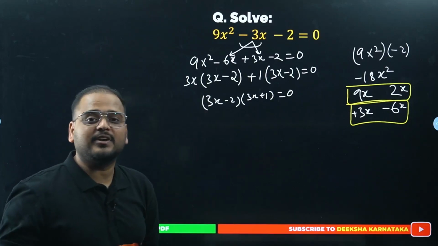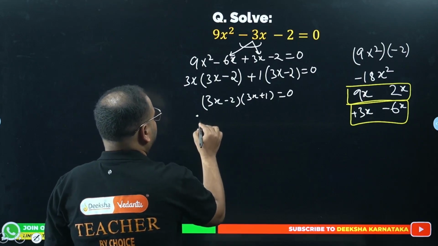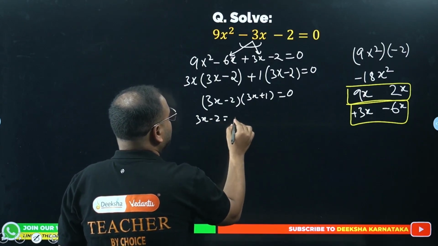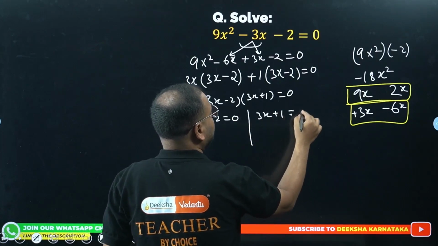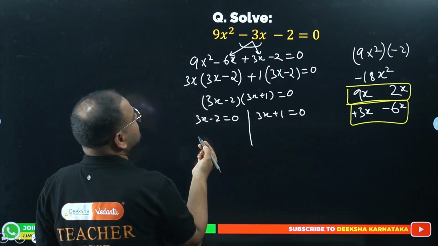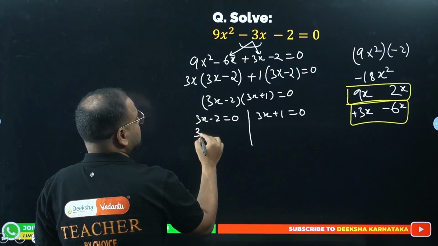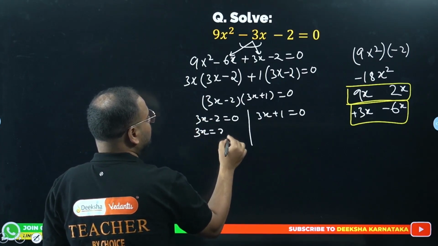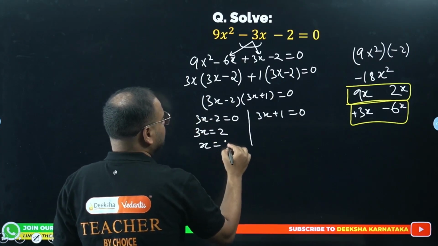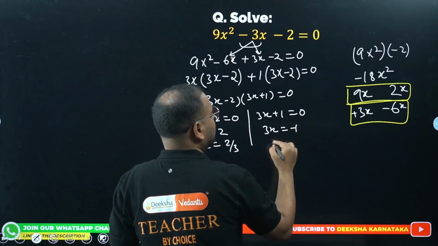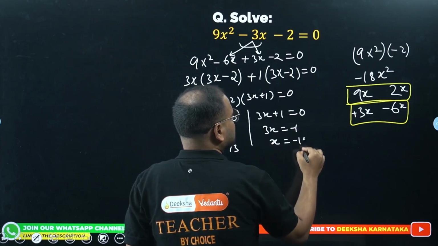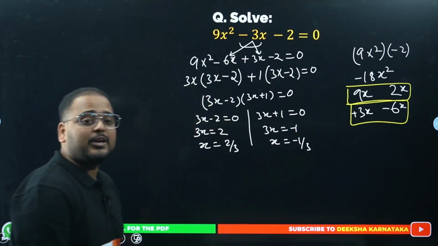Equate both these factors with 0. 3x minus 2 equal to 0 and 3x plus 1 equal to 0. I reach here as 3x equals 2, x equals 2 by 3. Here 3x equals minus 1, x equals minus 1 by 3. These are my 2 roots.